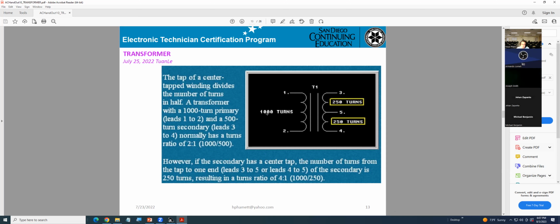Basically from 3 to 5 is 500, and now if they get a tap right here, they divide it in another half. So that's why you get 250.